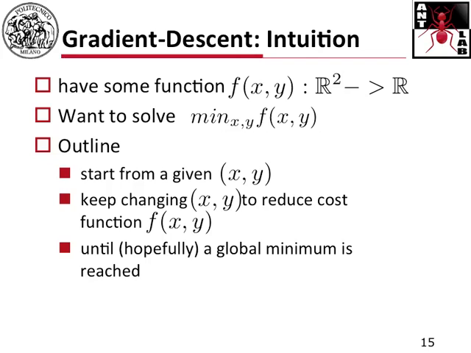Where you start from does have an impact on whether gradient descent converges or not. If you start here, you may get stuck in this local minimum. On the other hand, if you start here, you may get to the global minimum which is there. So where you start has an impact.